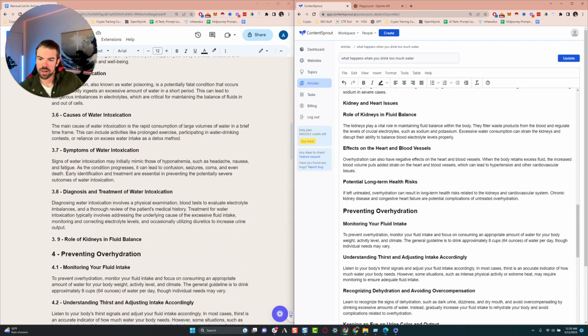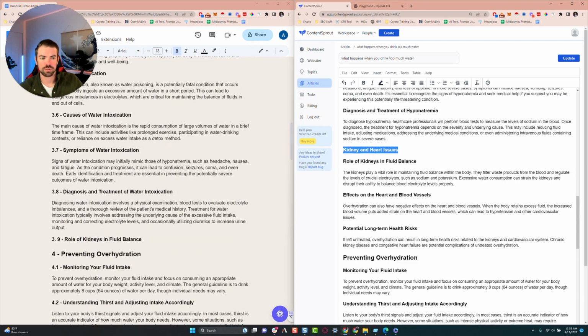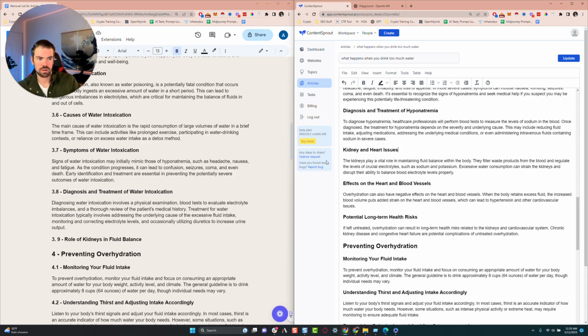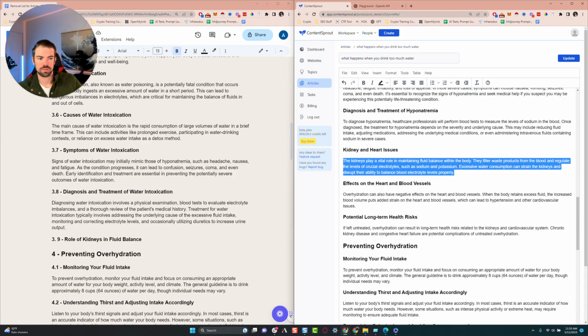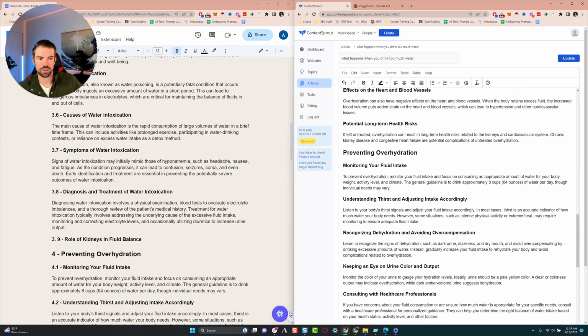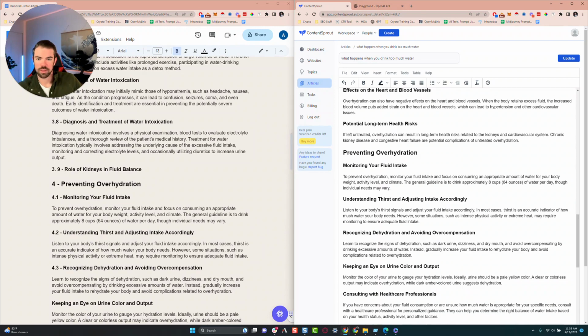Okay, so now the role of kidneys. Okay, so kidney and heart issues. Great. I don't really want another one, so I'm just going to delete that. I could just do this. And then the effects, potential long-term health risk. Great. Preventing overhydration.